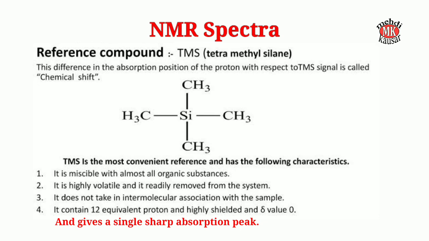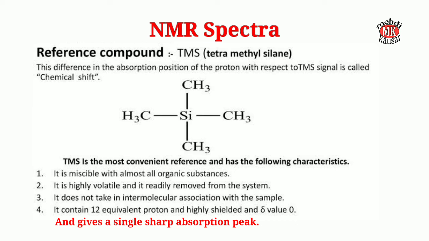Tetramethylsilane is used as a reference substance in recording the NMR spectrum because of the following reasons. It is miscible with almost all organic substances. It is highly volatile and it is readily removed from the system.